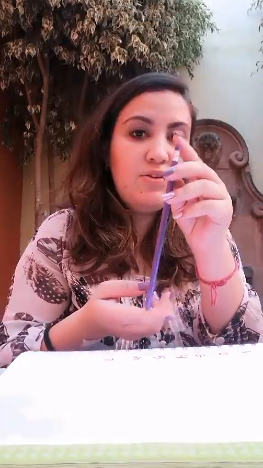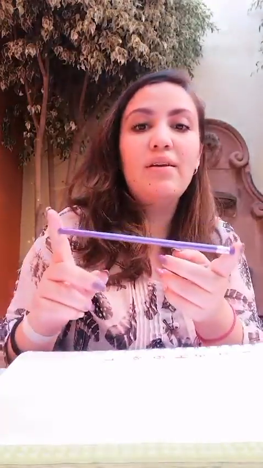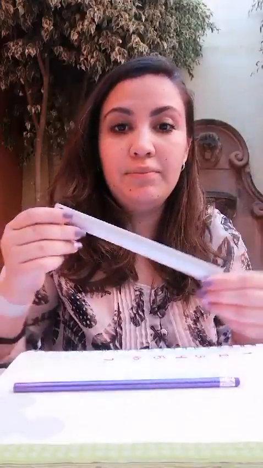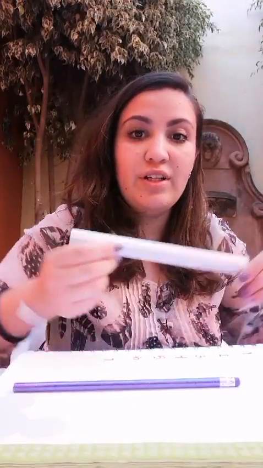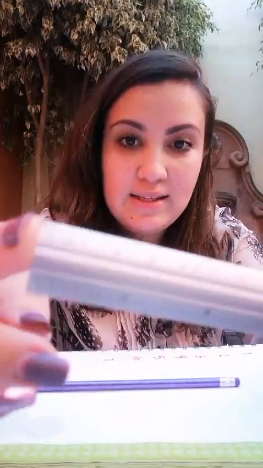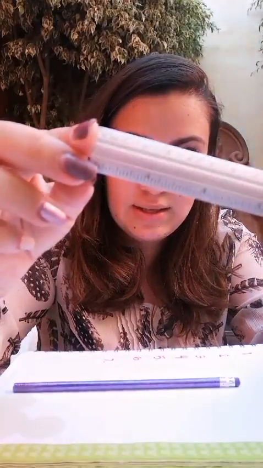And we also saw how to measure. For example, remember, I have this pencil right here. And I am going to use a ruler, again, to measure it. So remember, it has the numbers in centimeters.